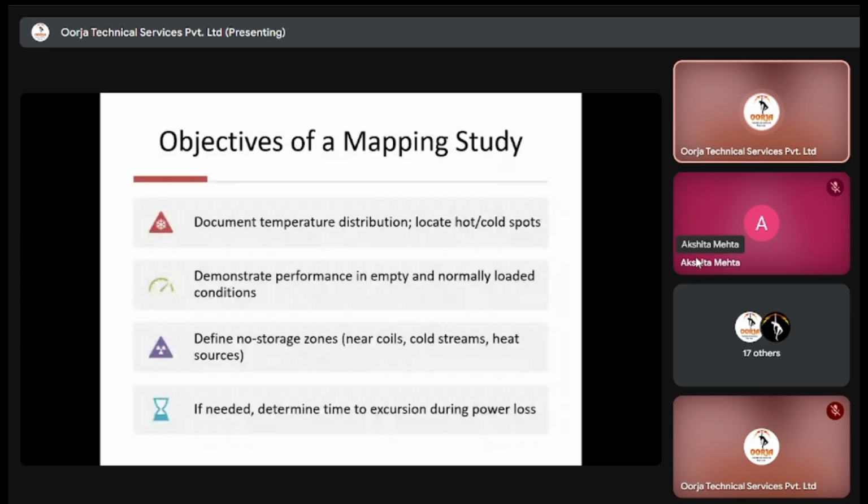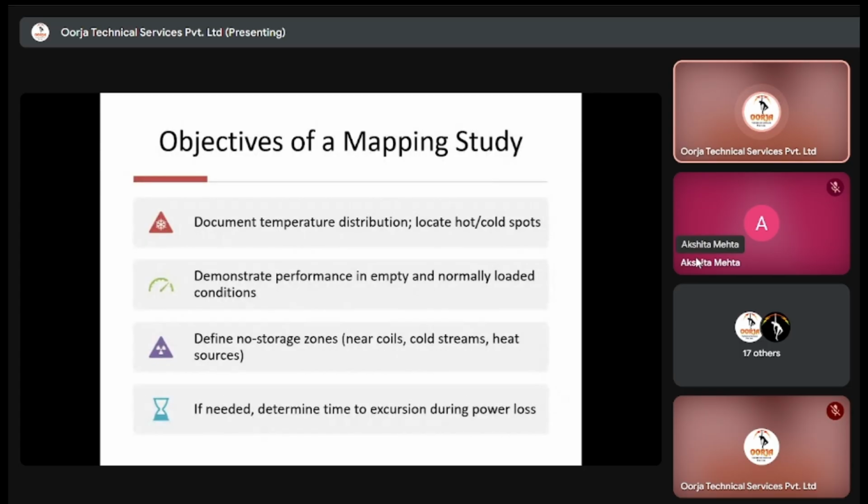And finally, if needed, and it depends upon the type of product we store, determine the time to excursion during power loss. Generally we do power failure and door opening studies. So we simulate the practical situation that in an area there may be some power outage, there may be some entry or exit. In that case, the temperature distribution will differ.